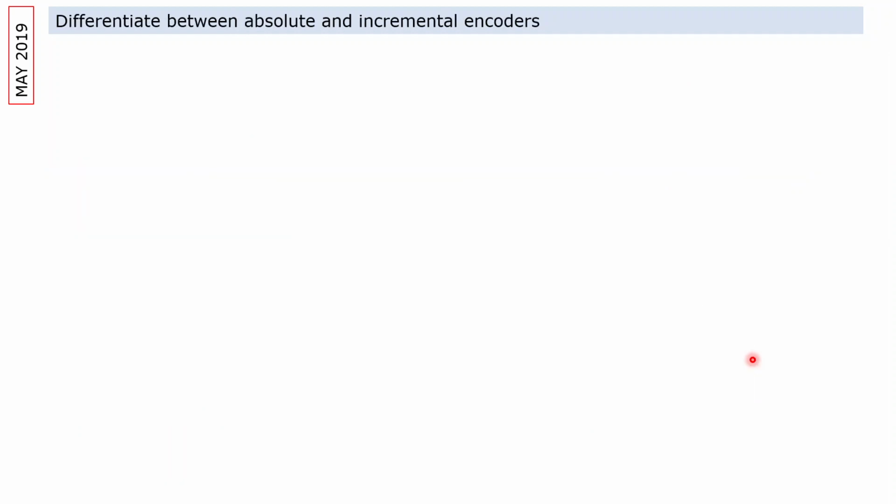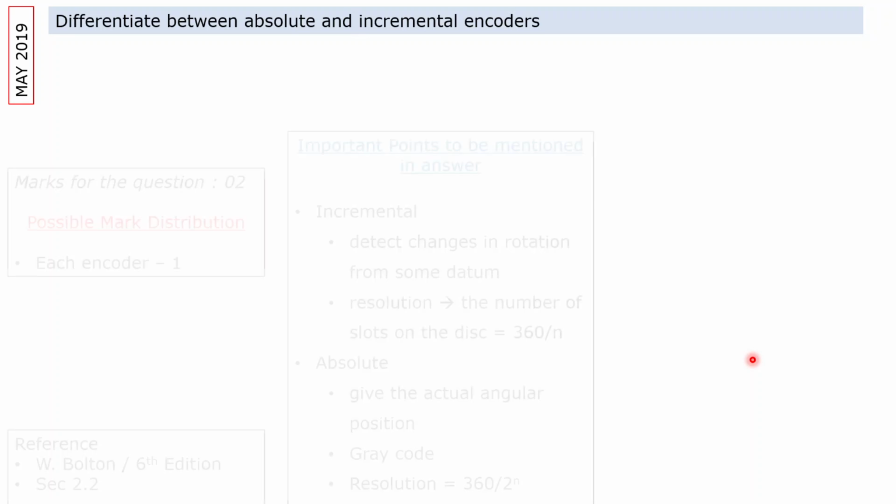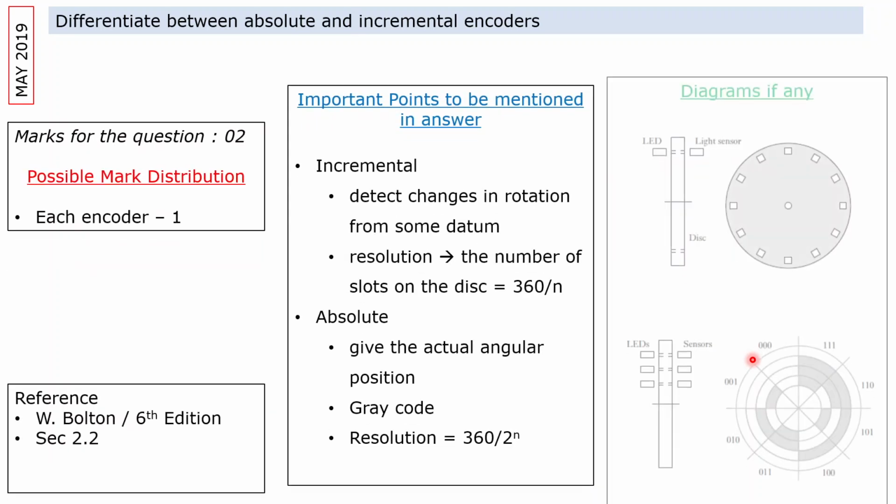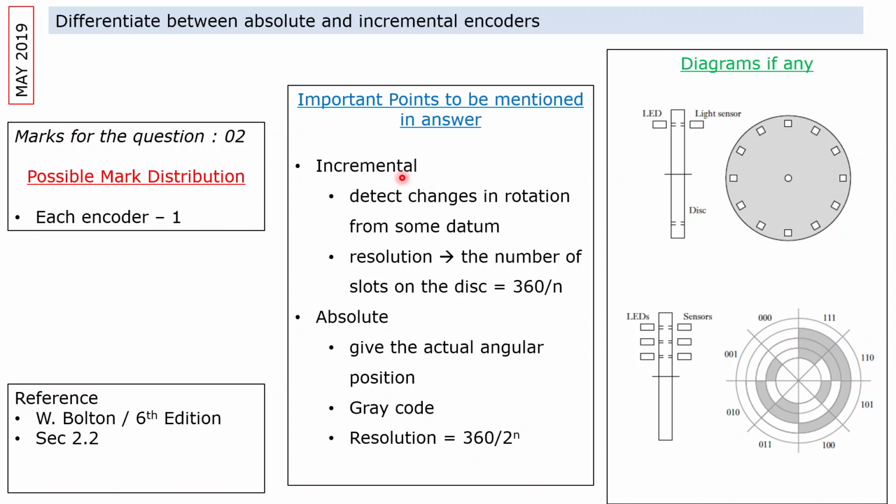Now the next one is differentiate between absolute and incremental encoders. This question carries 2 marks, so each encoder carries 1 mark, and you have to mention only two things. For an incremental encoder, you have to mention that it detects the changes in rotation from a datum position.